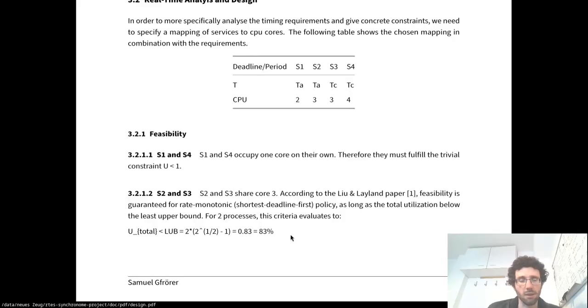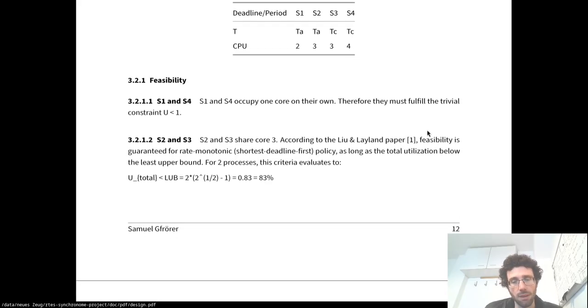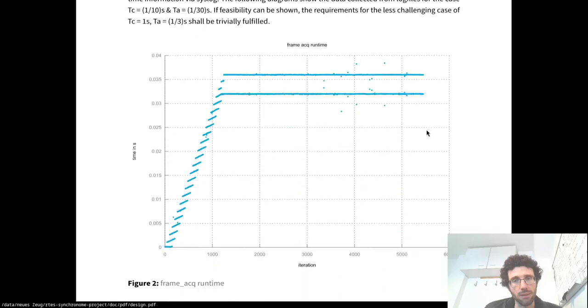I can't go into details here, but it should suffice to say that if I'm able to prove that the total utilization with these two services is below this least upper bound, then it should be feasible for them to always meet their deadlines.